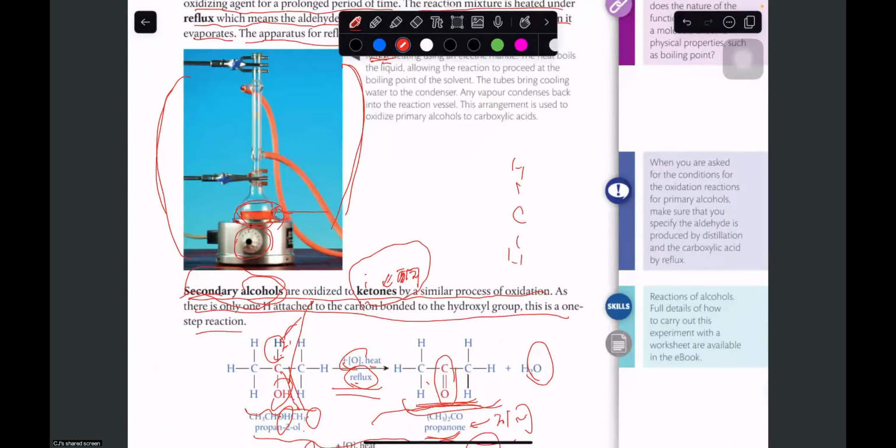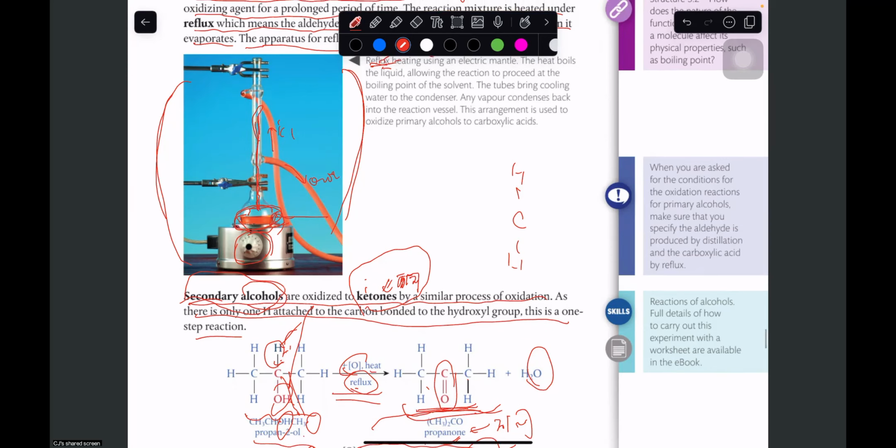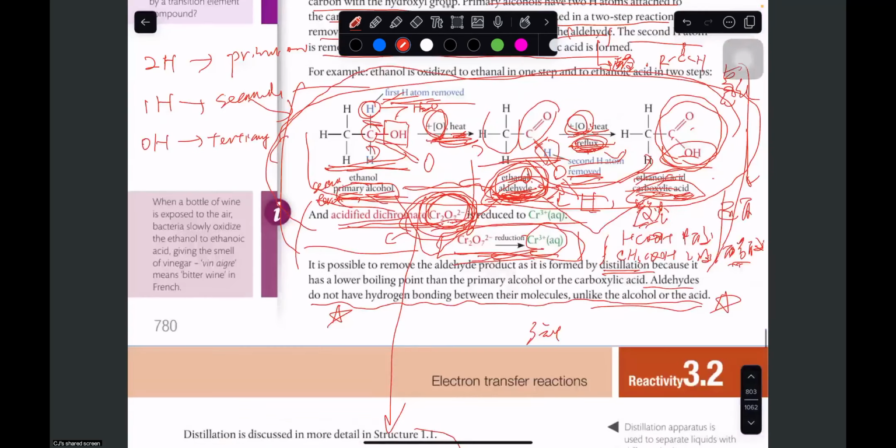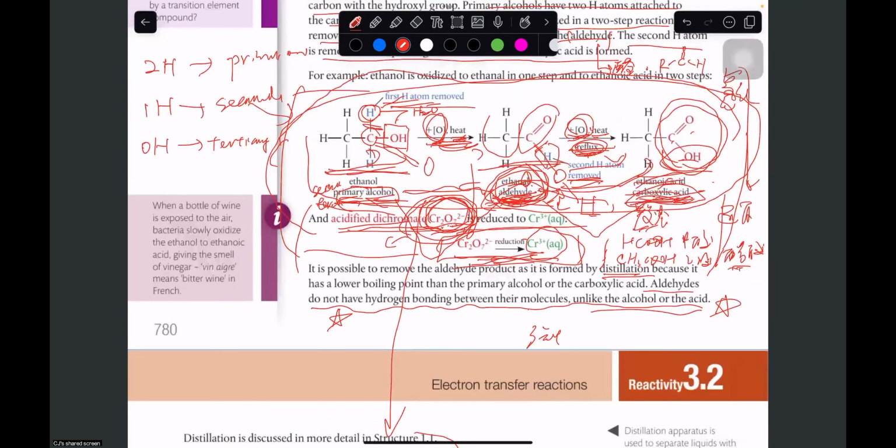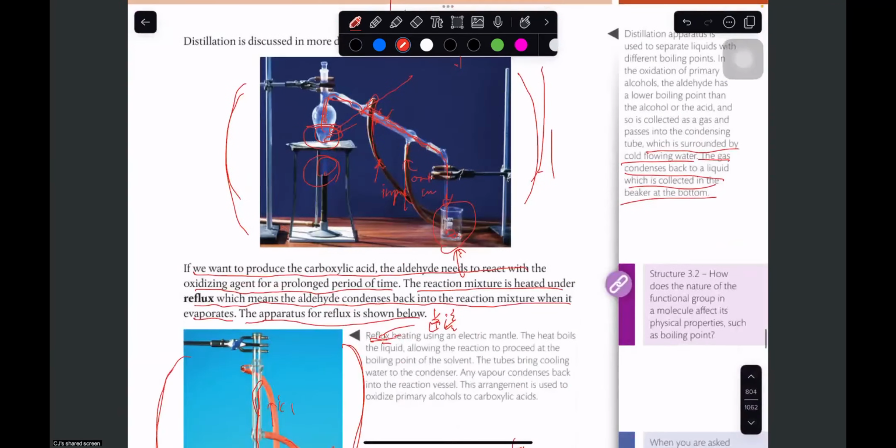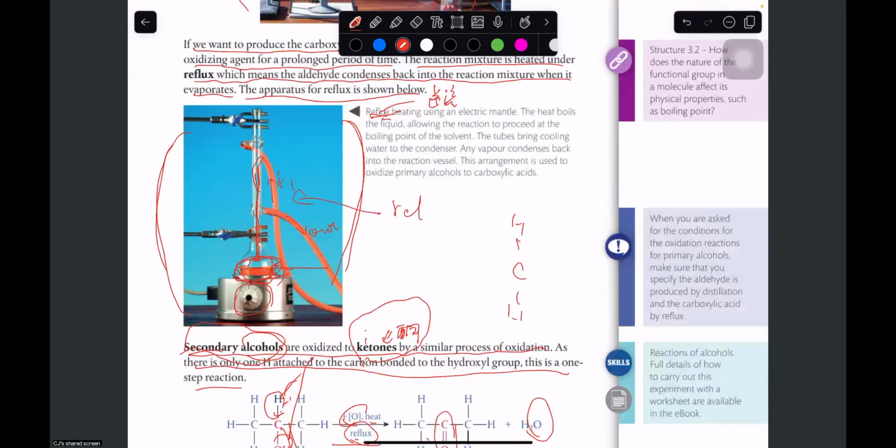In this part the mixture will produce gas again, right? And we also use cold water. This is cold water in, and this is the out pipe. So this gas will become liquid again, and it will drop below. Actually, what drops below is the carboxylic acid. This apparatus is called the reflux.